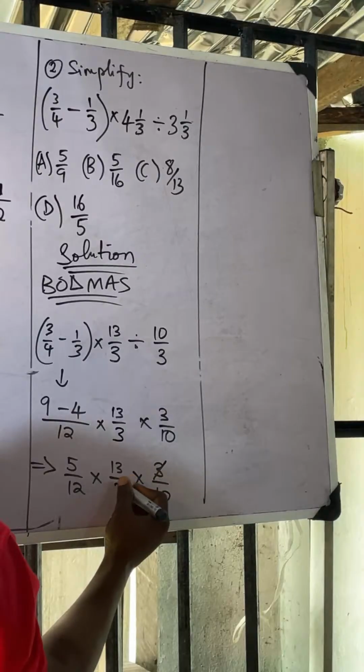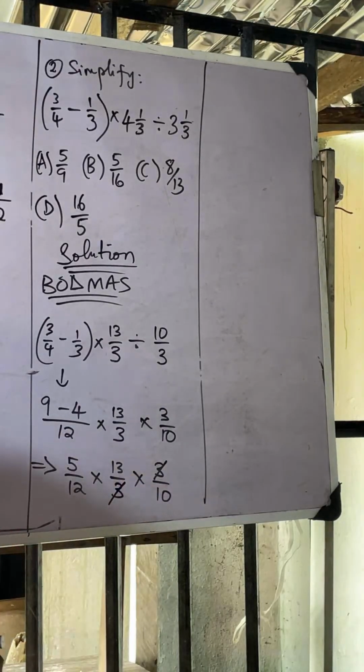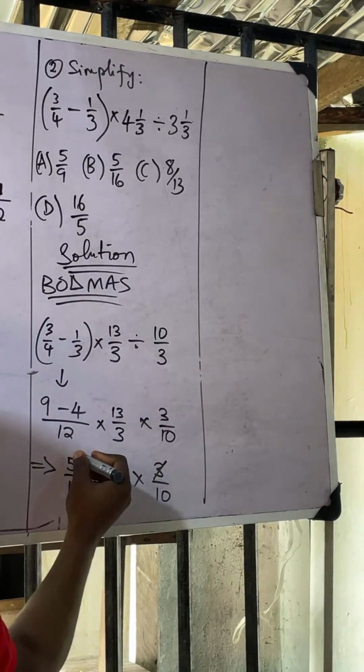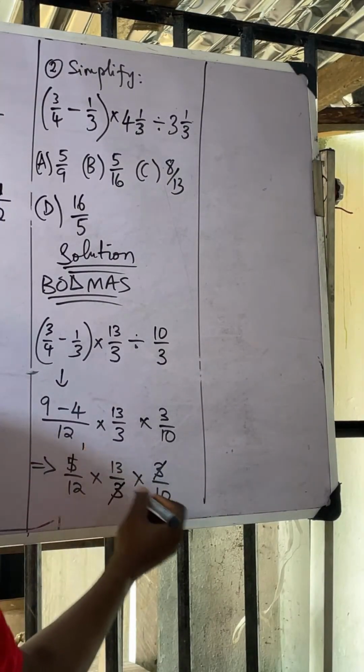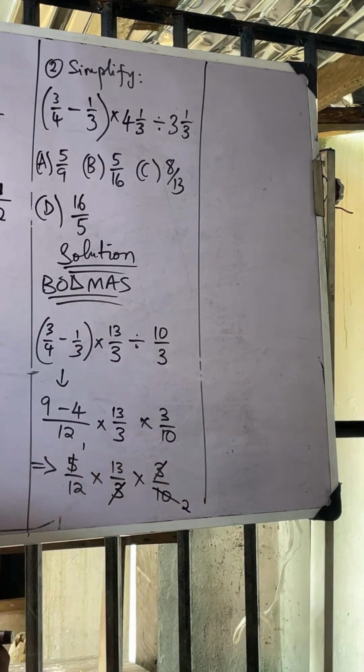So at least 3 can eliminate 3. So 5 here is 1, 5 here is 2. Is there any other thing that can divide? Nothing. That means that the answer.